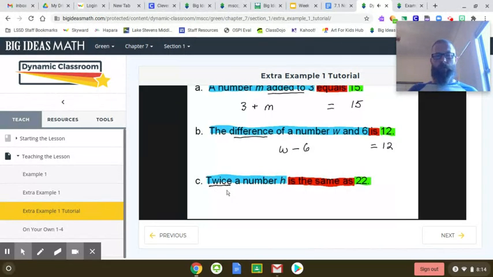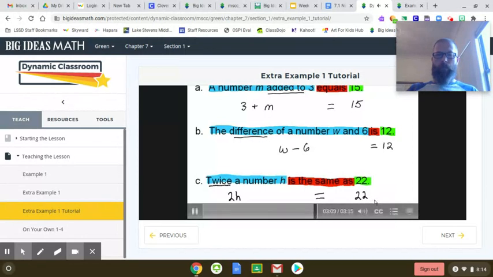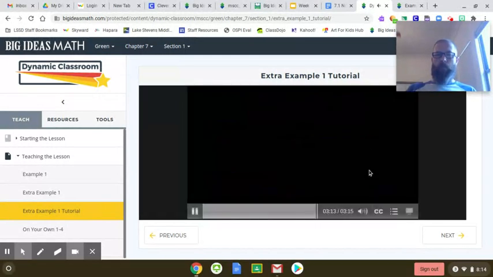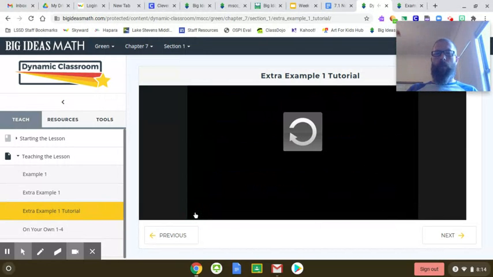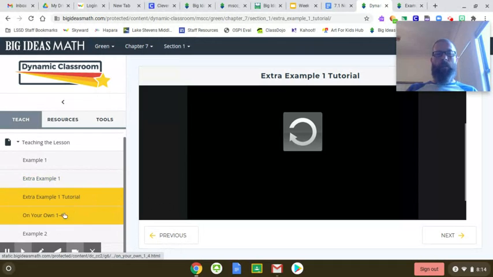So this expression is 2 times h, or 2h. Is the same as represents the equal sign. And finally, 22. An equation that represents this word sentence is 2h equals 22.